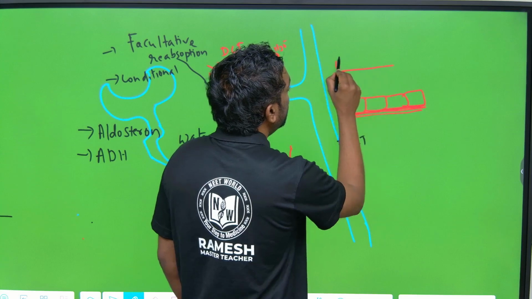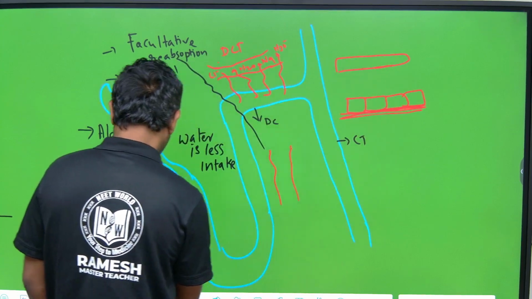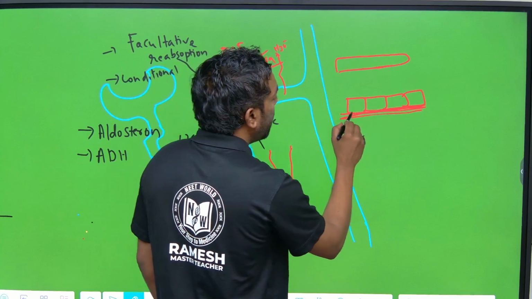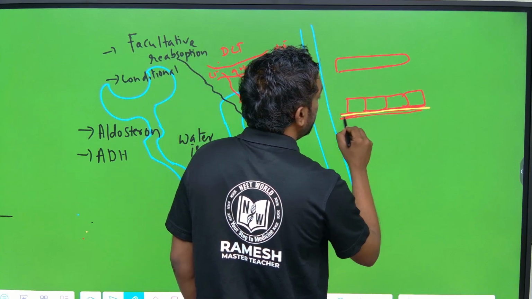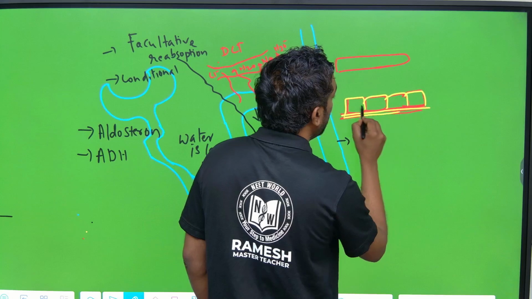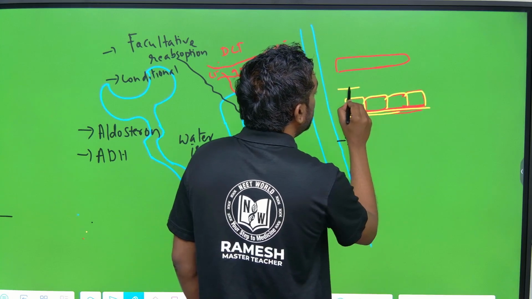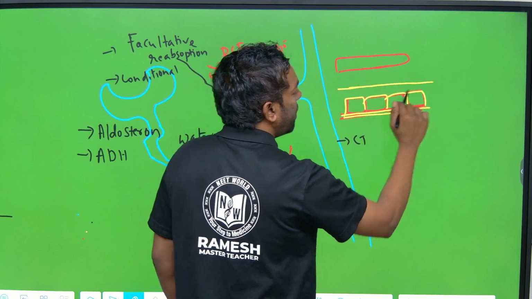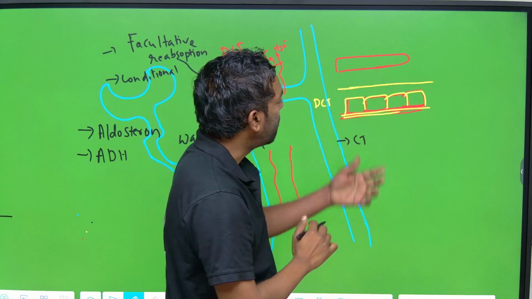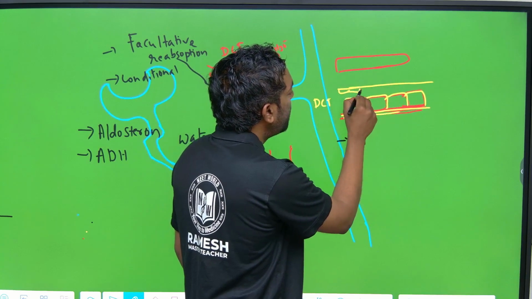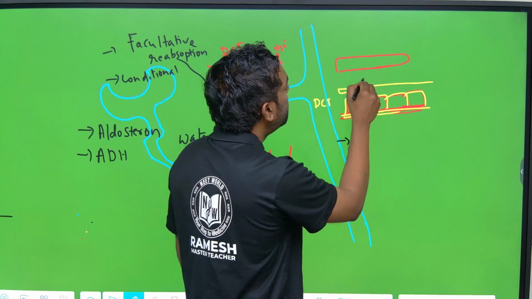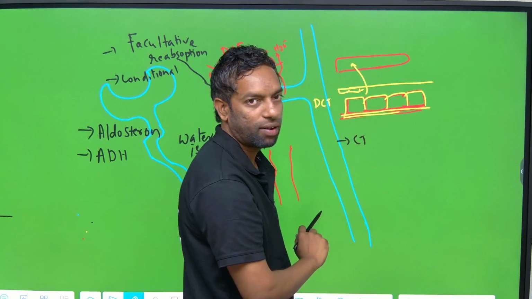This is the blood, and this is the lumen of the DCT, made up of cuboidal epithelial tissue. So if there is less water, reabsorption is going to take place into the blood.